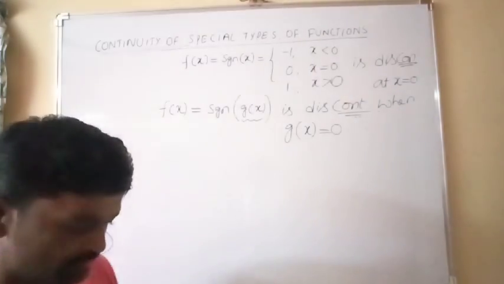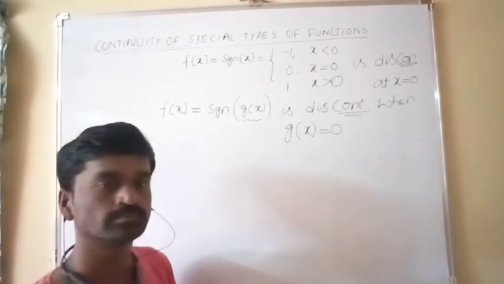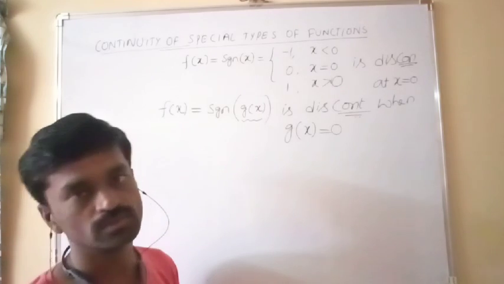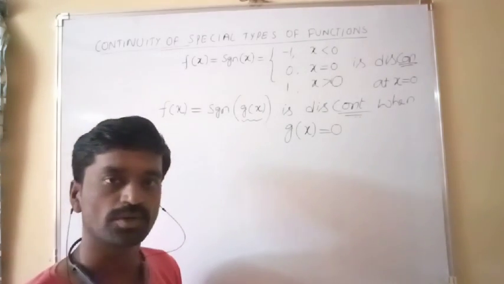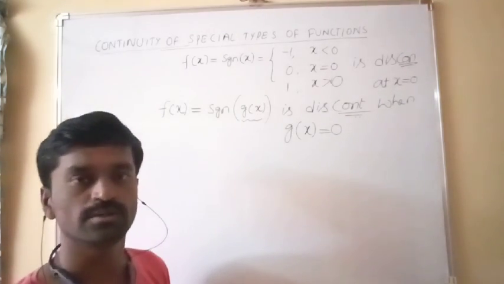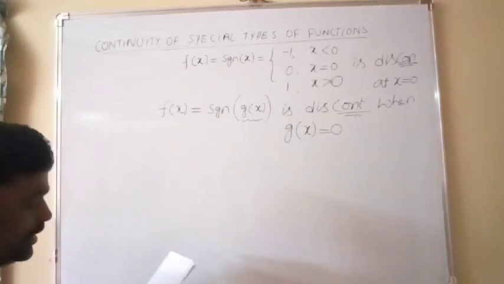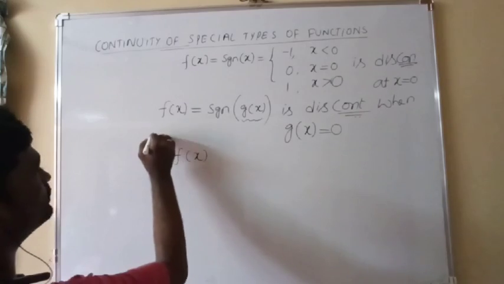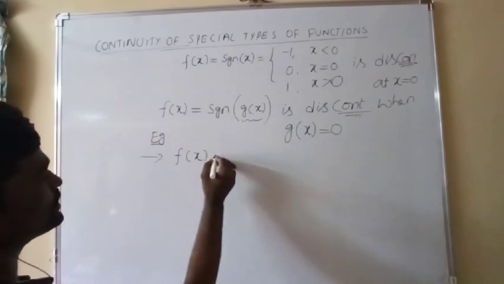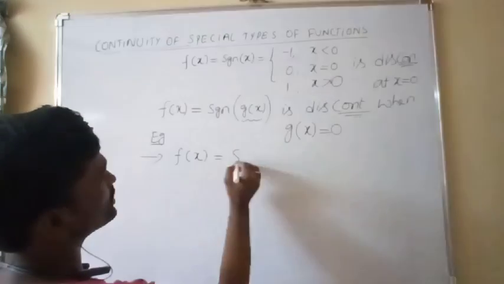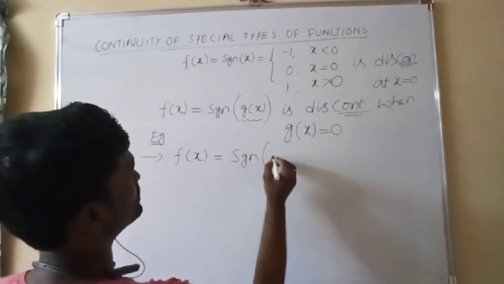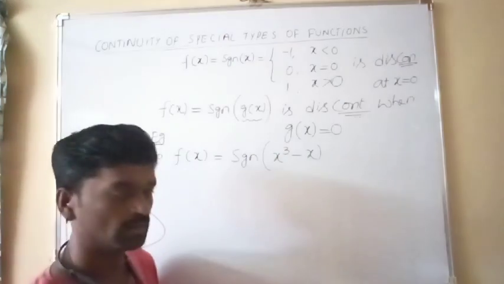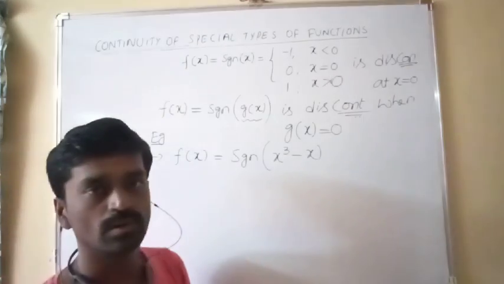So it is clear that signum of g of x is discontinuous when g of x is equal to 0. If g of x is not equal to 0, then signum of g of x is continuous. Example: find the points of discontinuity of the function f of x defined as signum of x cube minus x. Clearly the domain of this function is all real numbers.